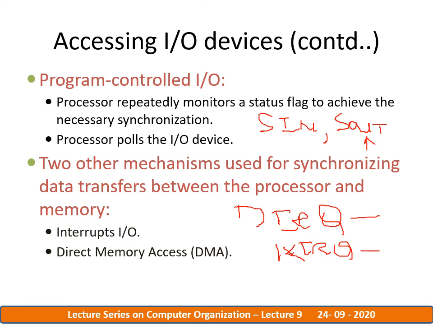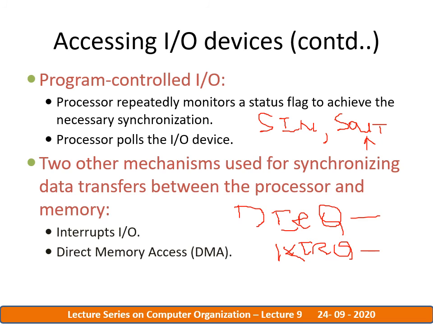With the help of these status flags, the data can be transferred synchronously between the processor and an IO device. The processor poll is nothing but the devices which are waiting for the processor to read data from the devices or write data to the devices.